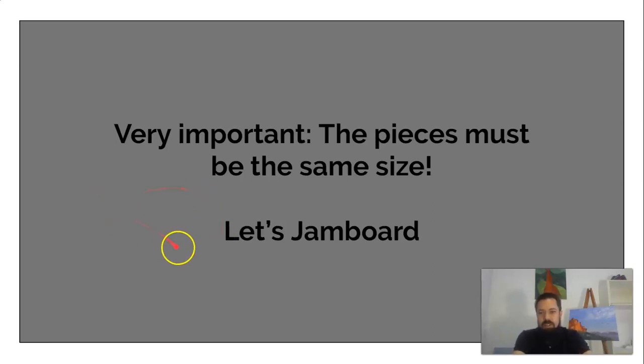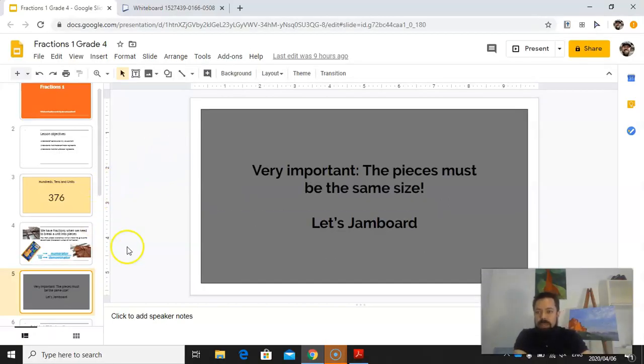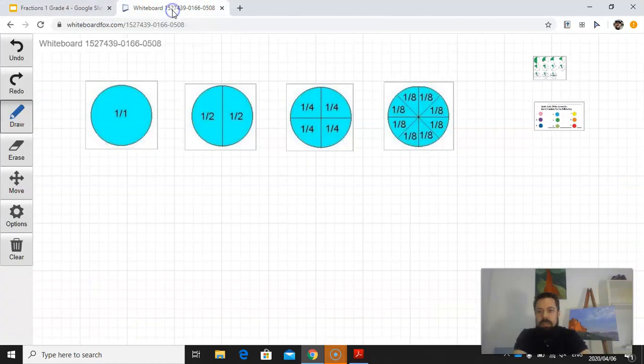All right, let's go across to a whiteboard platform quickly, so we can have a look at these shapes. So if we look at the first one, this is like a unit or 1. We have a whole thing all together. We could split that into 2 pieces. In other words, halves. So we have 2, and you can see that's where the denominator comes in.